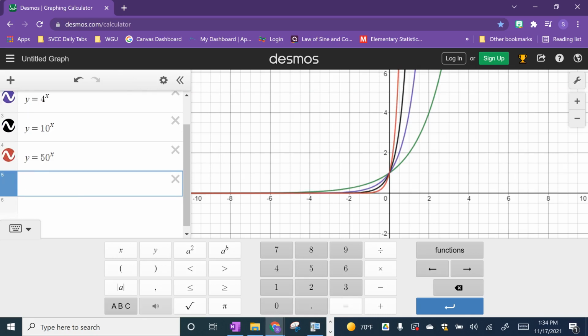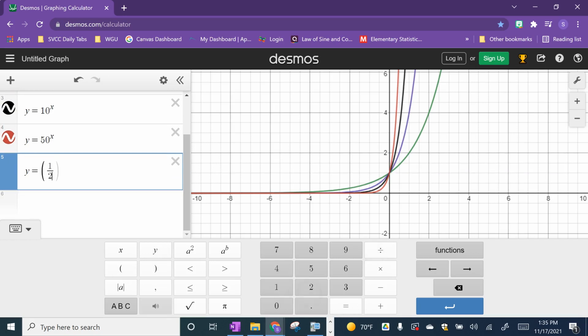We know a can't be 0, we know a can't be 1, but it can be in between. How about y equals 1/2 to the x? Well, what happened there? It turned my graph around, right? Because with 1/2 to the x power, all of my fractions are flipped over.